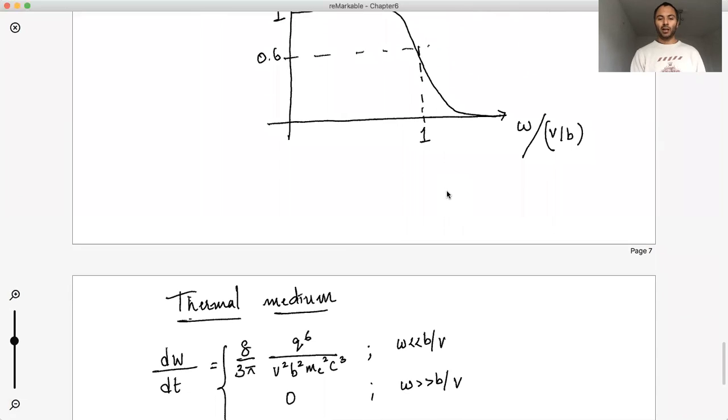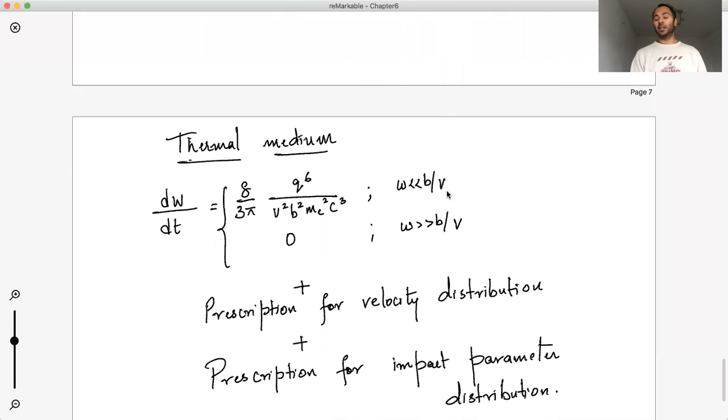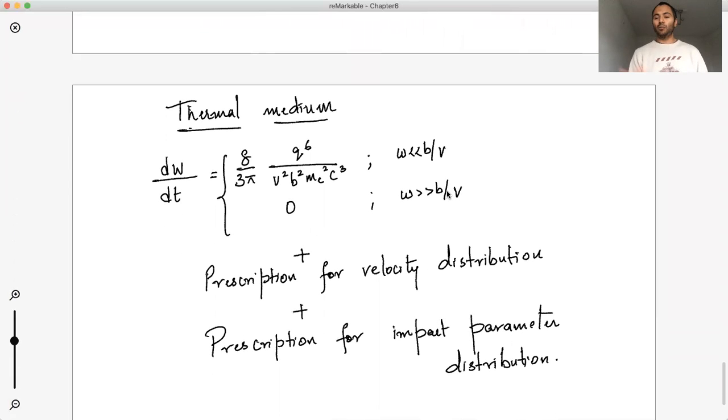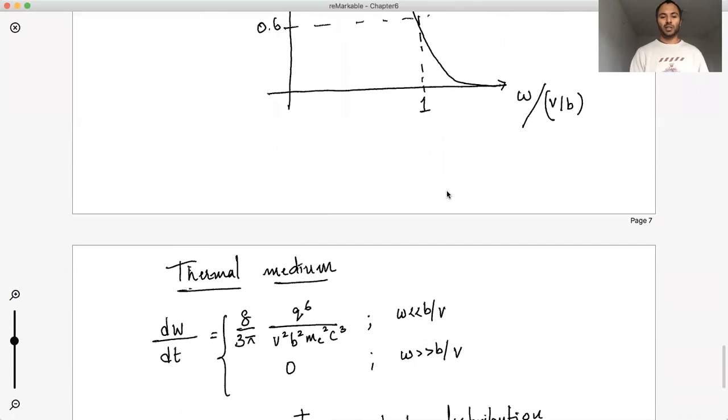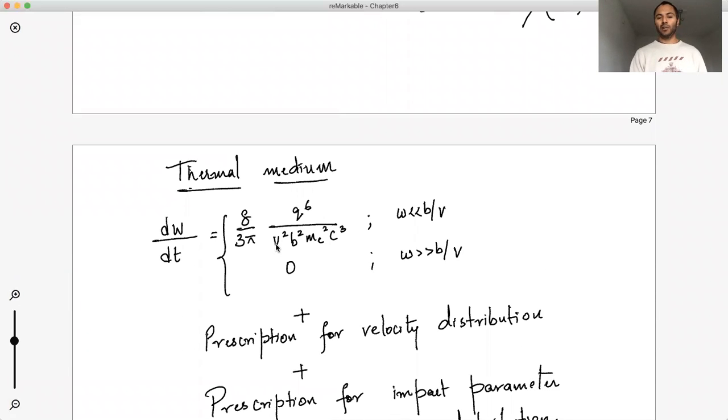Now, that was for a single collision. So you can ask the question, what happens if you have a realistic medium? Well, if you look at the expression for a single collision, you have velocity here and impact parameter here. So if I tell you, let's assume it's a thermal medium, then you know the distribution of velocities; I have given you a prescription for the velocity distribution.